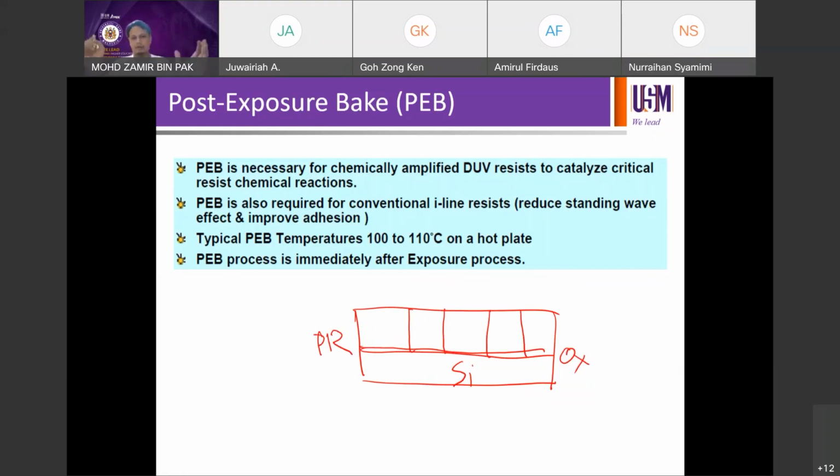It's not yet removed because it's not been developed yet in the developer stage. But at this point, you already have your patterns exposed. For example, if this is positive photoresist, in this case we have exposed these shaded regions.